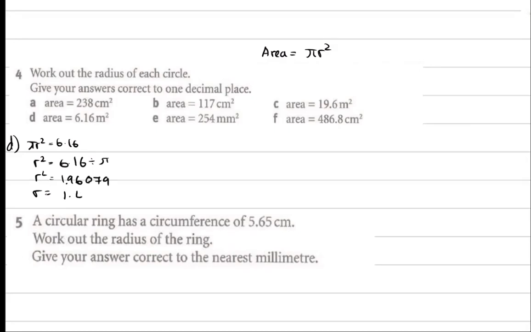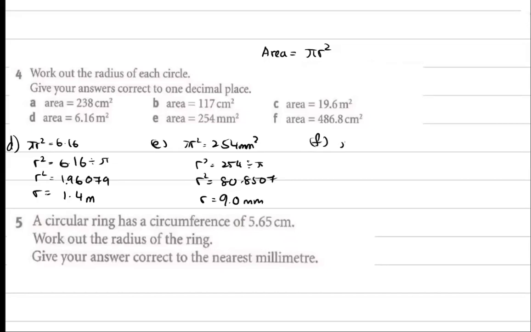Square root it. E, 8.99 will be 9.0. F, 7.